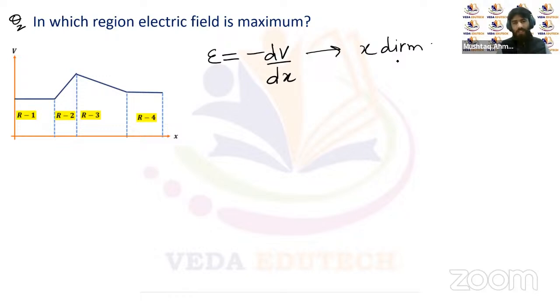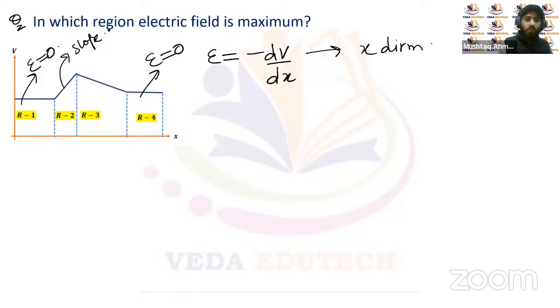For region 1, the potential is constant, so the electric field will be 0 because the slope is 0. For region 4 also the electric field will be 0, because there is no slope at all. Only for region 2 and region 3 is there some slope. In region 2, the slope is more steep than in region 3.